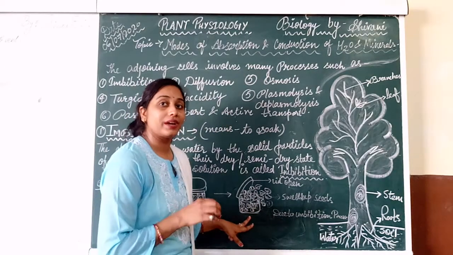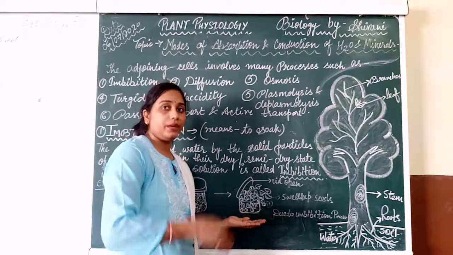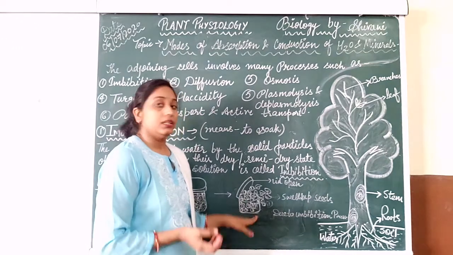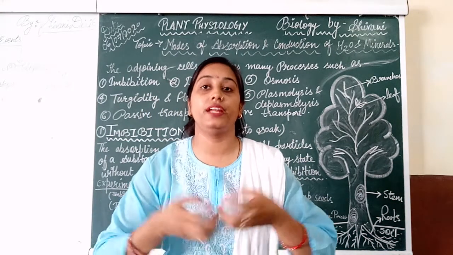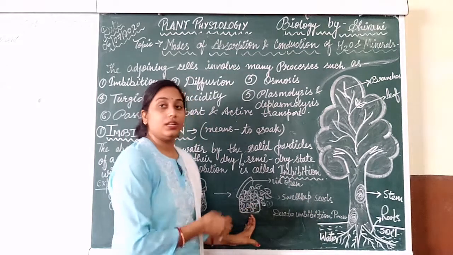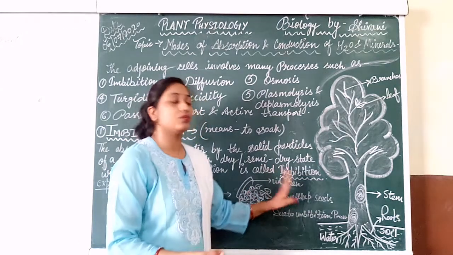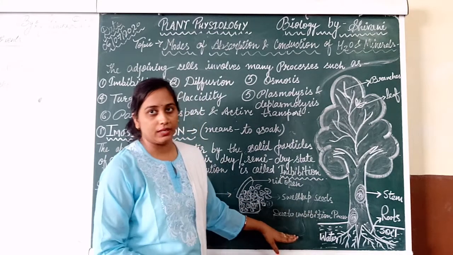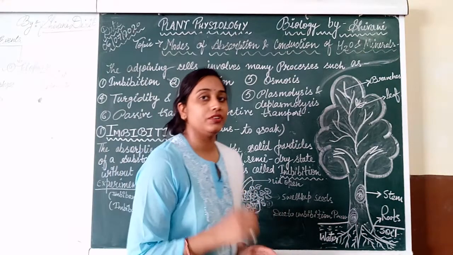So due to that tremendous pressure, the can's cap will open and the soaked seeds will swell up. They will be inflated and increase in size. And then after the opening of that lid, the seeds will come out from the can. So this phenomenon is called imbibition.